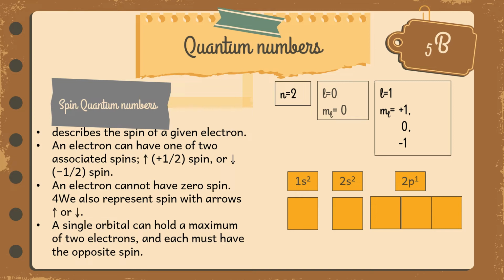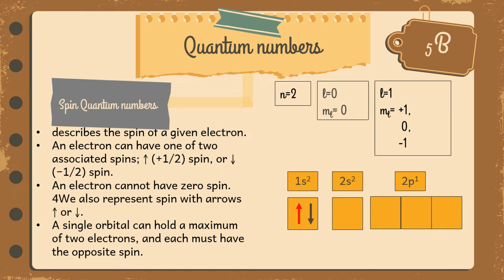Each orbital must consist of a maximum of 2 electrons. So for the 1s sublevel, it consists of 1 electron that is moving positive 1/2 spin and another electron that is moving negative 1/2 spin.